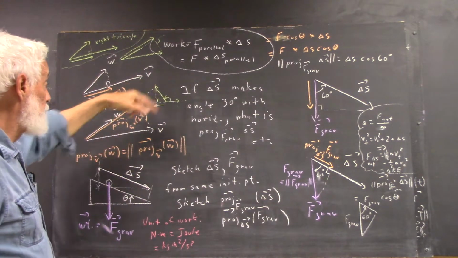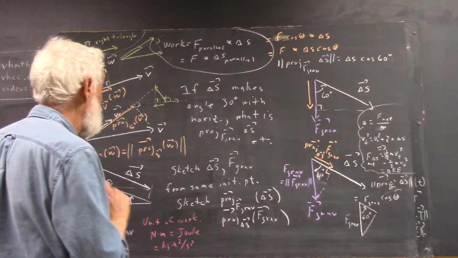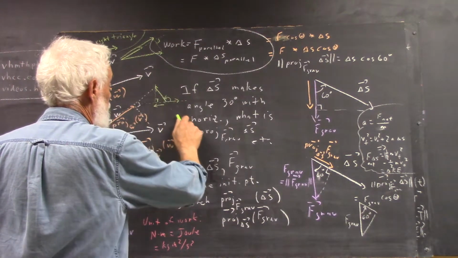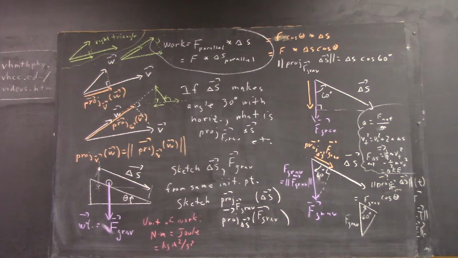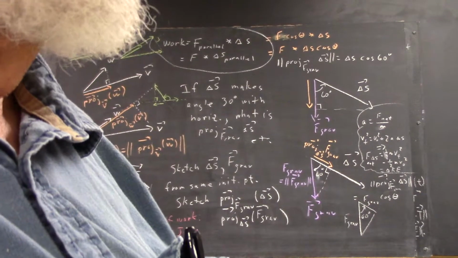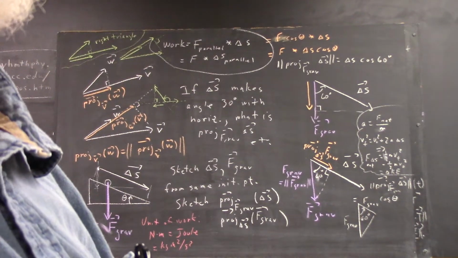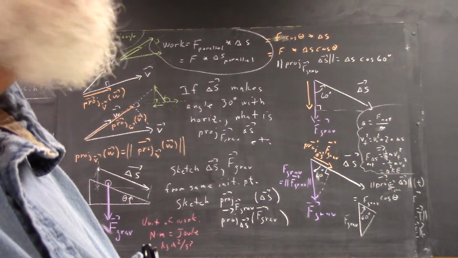And then you take the same picture and project this vector onto this one. Okay? You'd have to extend this vector down this way and then project down like so. Be sure you know how to draw these. It's the beginning of understanding both what they mean and how to calculate them.